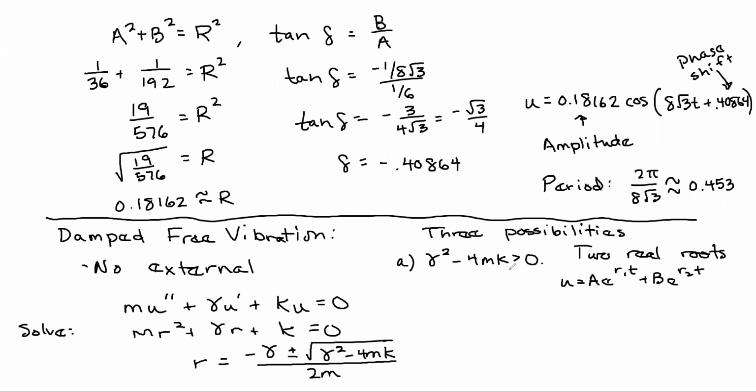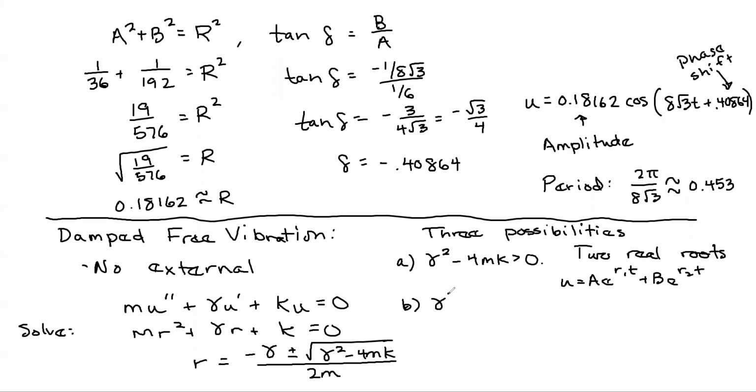Again, this result comes from earlier in the chapter when we solved homogeneous second order linear differential equations with constant coefficients. This was our solution. So if this is not familiar, then we'll go back and watch that previous video.